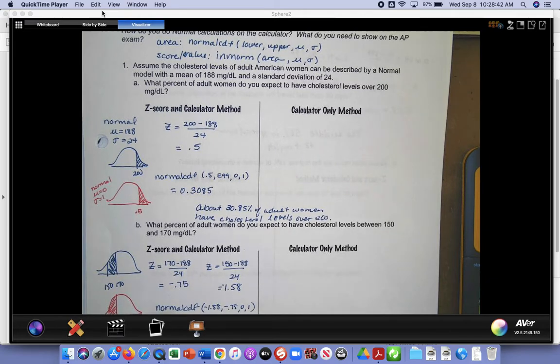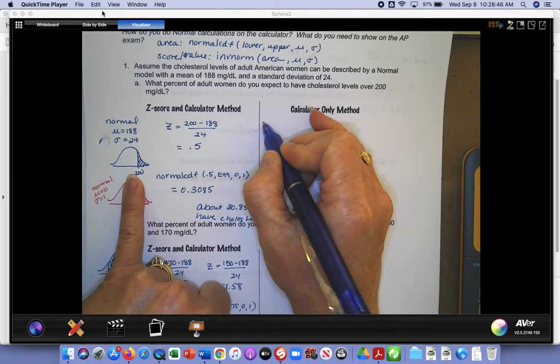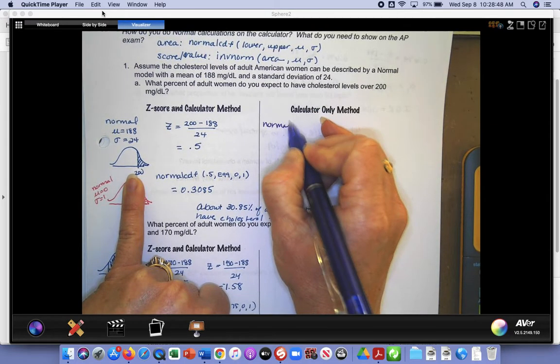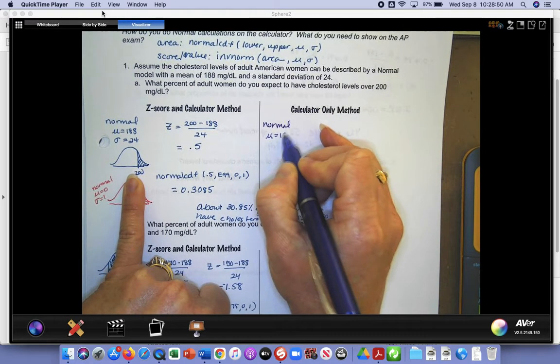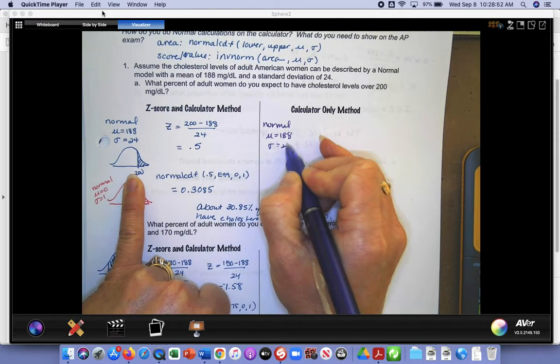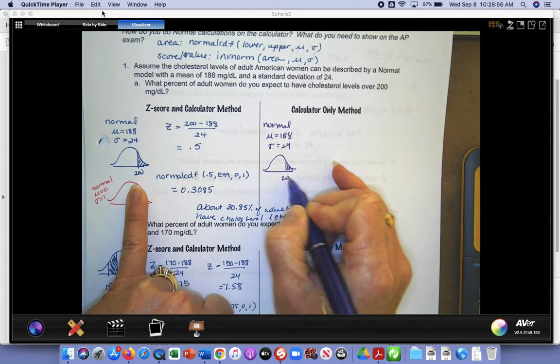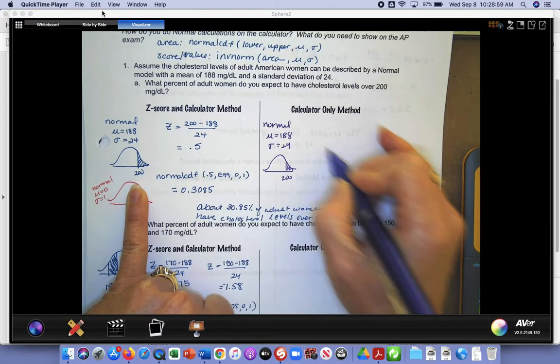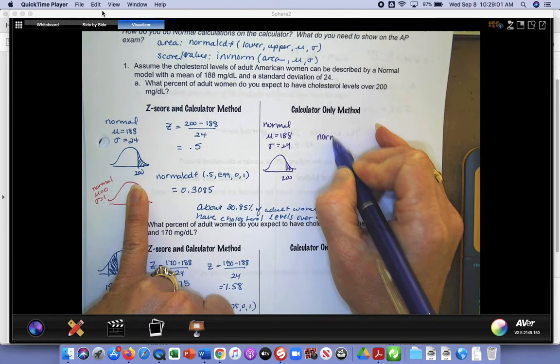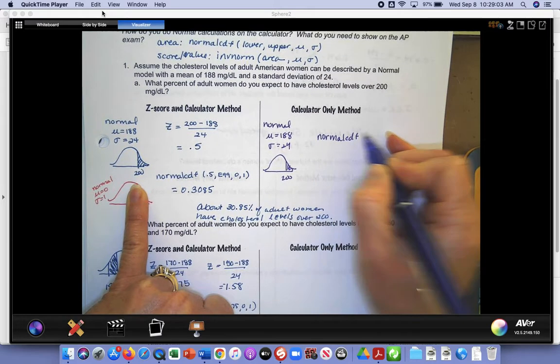If you wanted to do it this way, you don't have to calculate the z-score. So I'm not converting it.